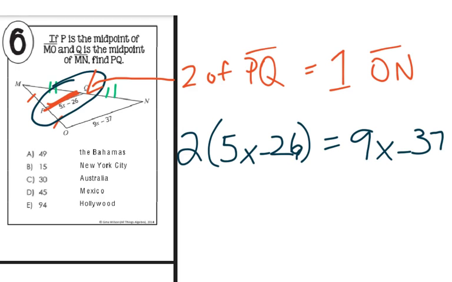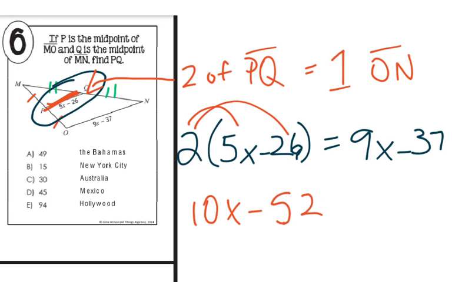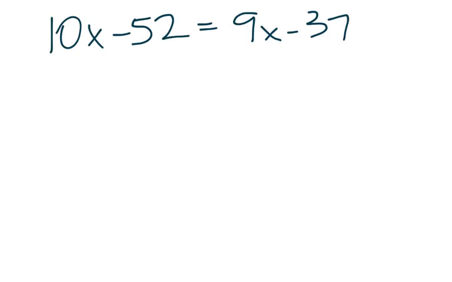So you can either add it twice, or you can distribute the 2, or you can just double each term, which is what we're going to do. 2 times 5x is 10x, and 2 times 26 is 52. So what we really have is 10x minus 52 equals 9x minus 37. And then we're just going to solve this like normal.